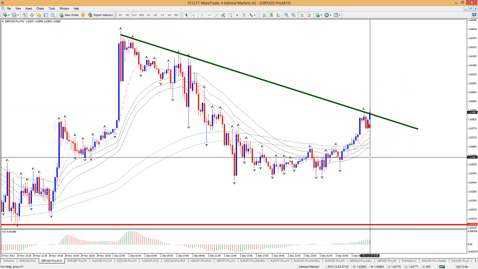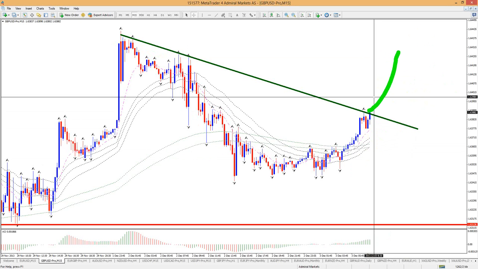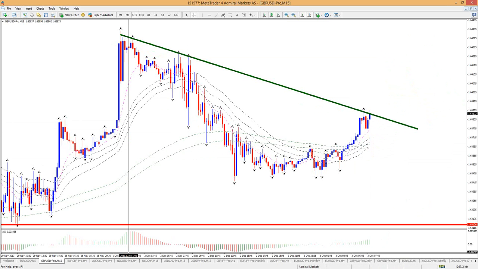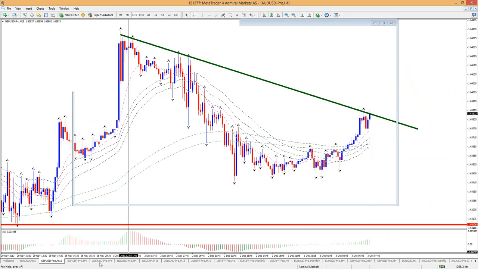Well, you never know. Sometimes these things break through resistance and keep pushing. Other times they push up, find resistance, and fall. So let's see. I'll keep an eye on it. Maybe there's something else that is breaking out as we speak.